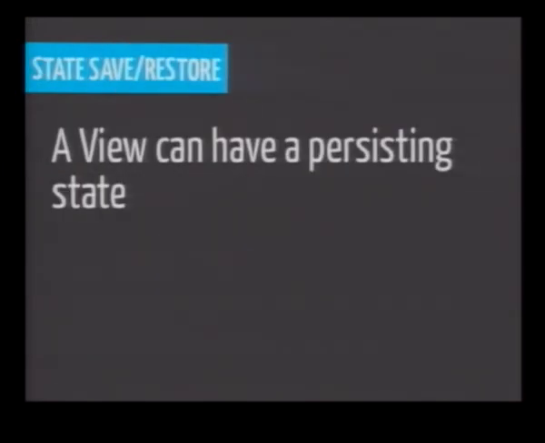So now let's talk about something quite different, which is saving and restoring state. When there is a configuration change, which basically means you're, for instance, rotating from portrait to landscape orientation, Android by default will completely destroy the activity and the views on screen and recreate everything in the other orientation.